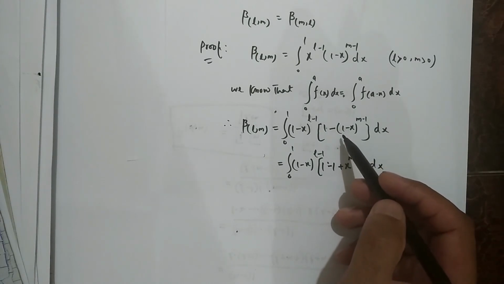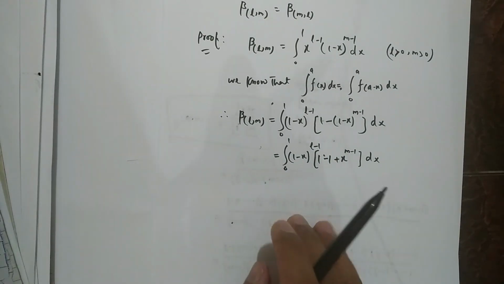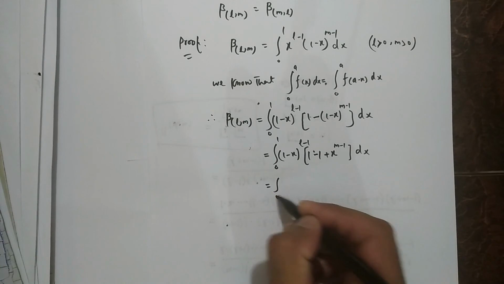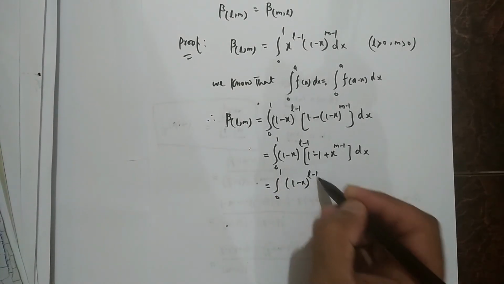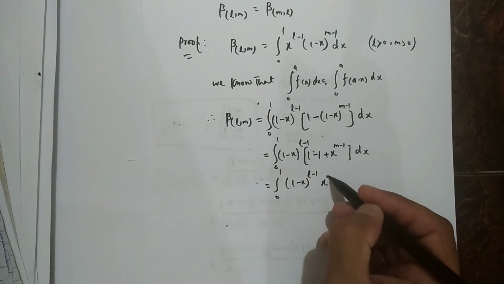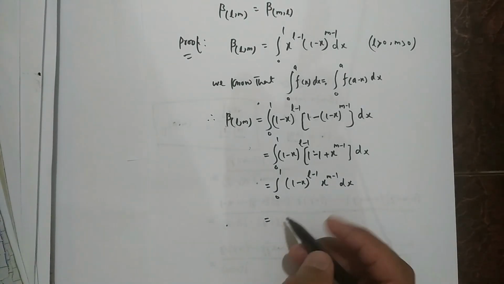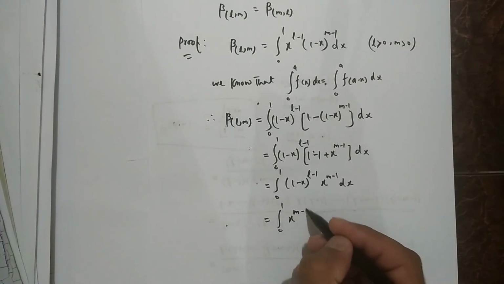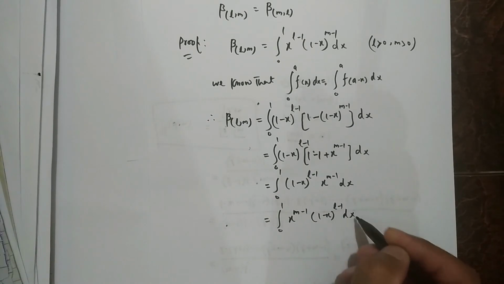We know that 1 to the power anything is equal to 1. So this is now the integral from 0 to 1 of 1 minus x to the power L minus 1, and 1 minus 1 cancels, so we are left with x to the power m minus 1 dx. Bringing x to the power m minus 1 before, this is x to the power m minus 1 into 1 minus x to the power L minus 1 dx.